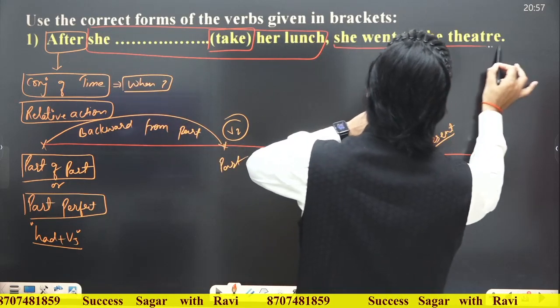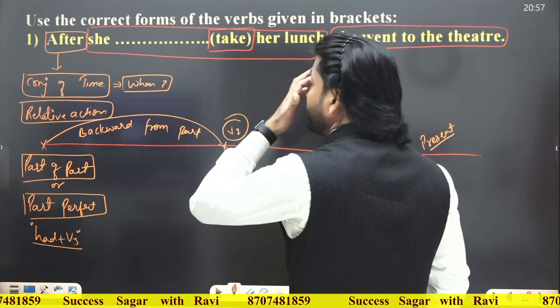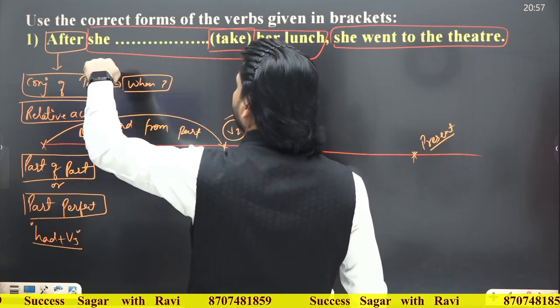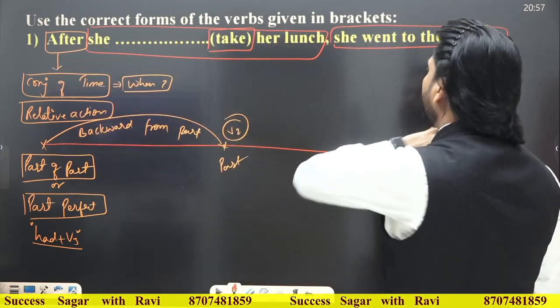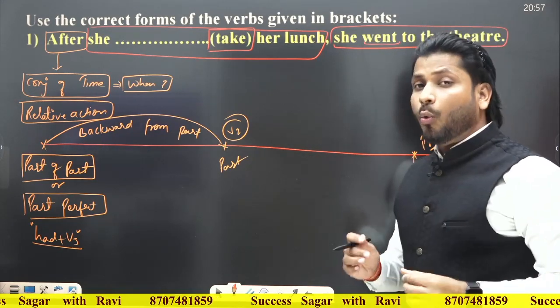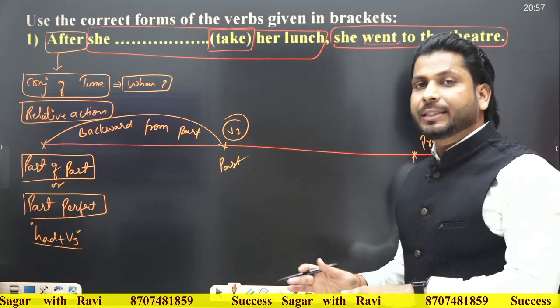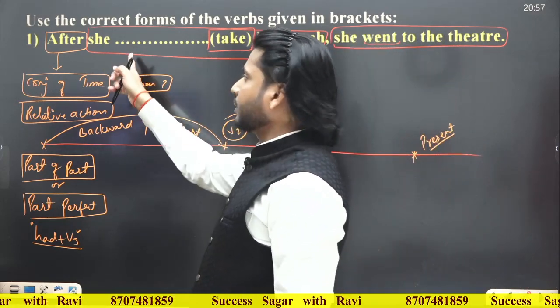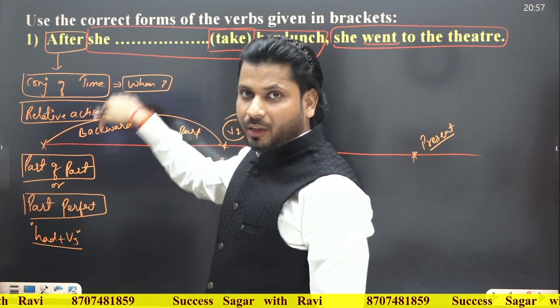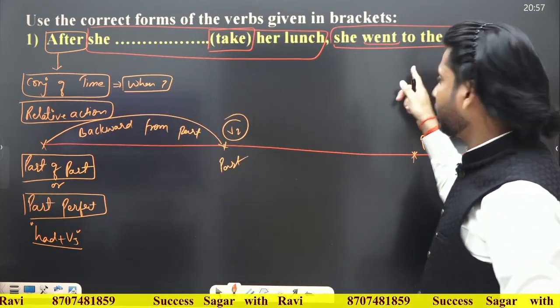One more action is there. Since the conjunction of time is used over here, this is the time that has to be related to this one. So we'll ask, this happened, she went to the theater. When did she go to the theater? The answer is after this one. After this one means what? This action took place first and then this one.